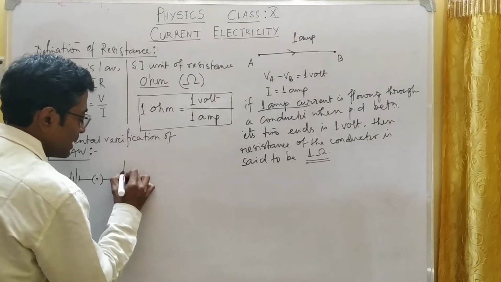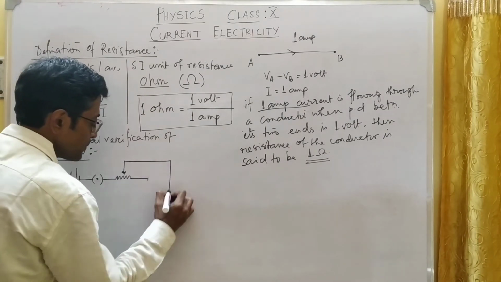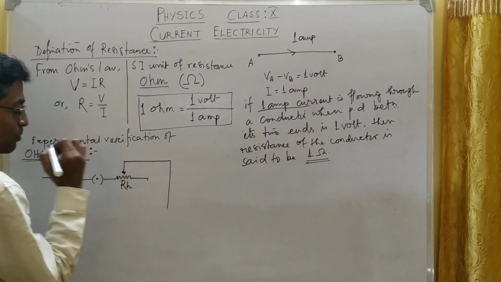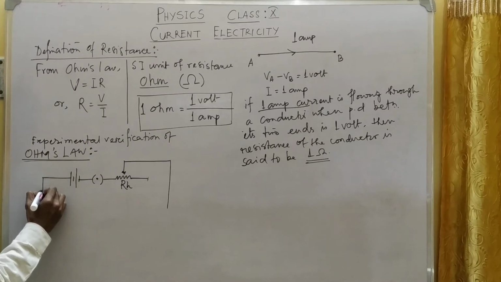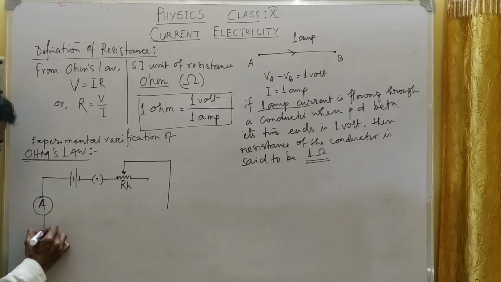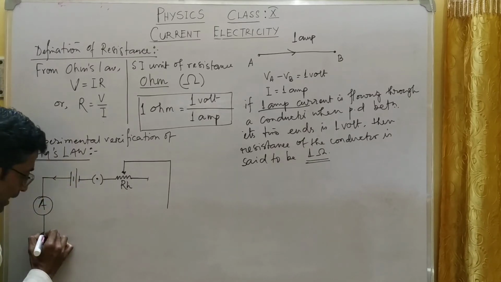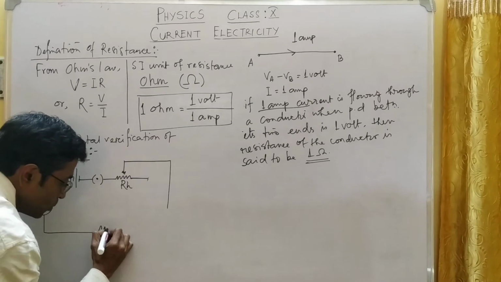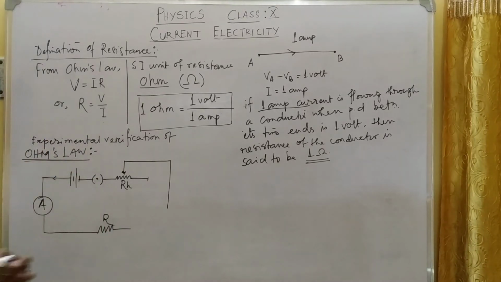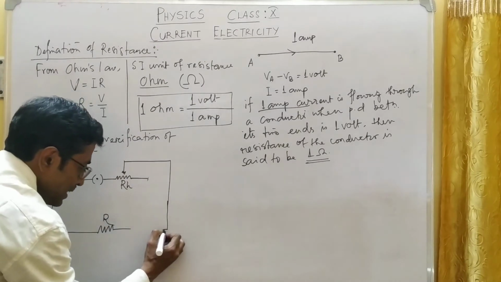So here I will put one variable resistance like this. You can put a resistance box. So this is rheostat or variable resistance. So you all know the ammeter should be connected in series. It will measure how much current is flowing through it. And here I will put an unknown resistance, the resistance of which is to be measured. So I will connect it like this.